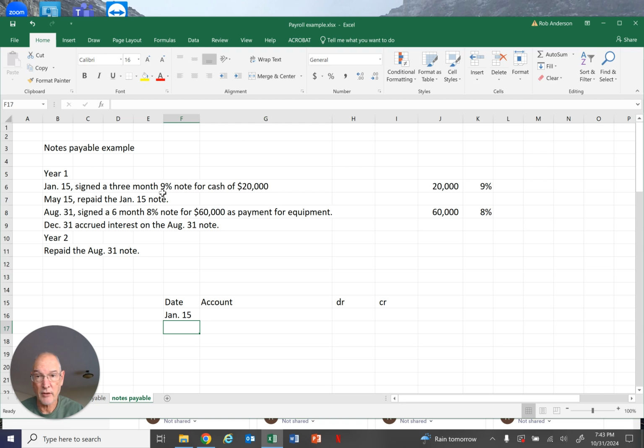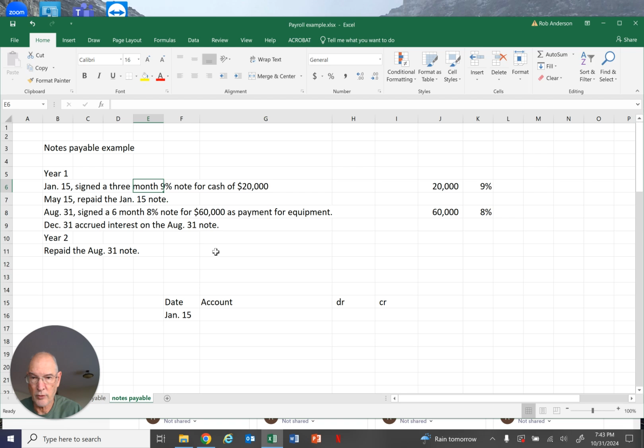So you'll see here that this is a 9% note. However, that means 9% for a year. You only owe this money for 3 months, so you're not paying 9% in total. You're paying 9% of the yearly interest times 3 months out of 12. So that's how we're going to make sure we calculate our interest.